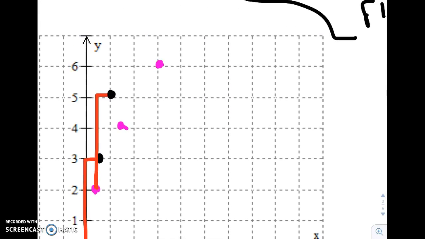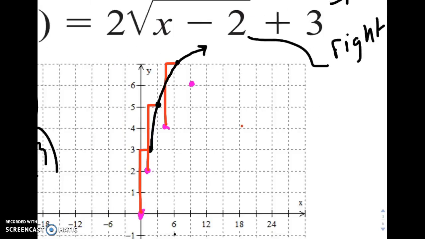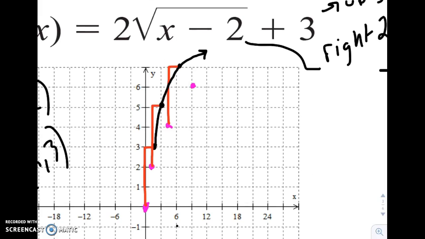Do the same thing with my next one, up 1, 2, 3 over 1, 2. Have a new value right there. And so our graph starts to look like that. And eventually you can kind of clean up and get rid of, though you don't really need to, but that is our translated graph.